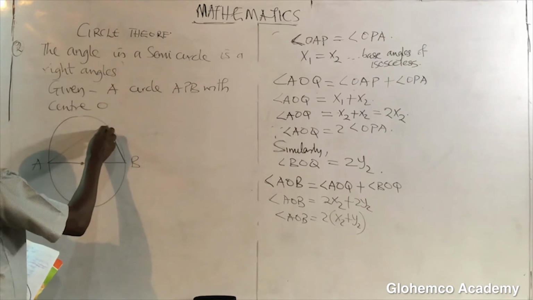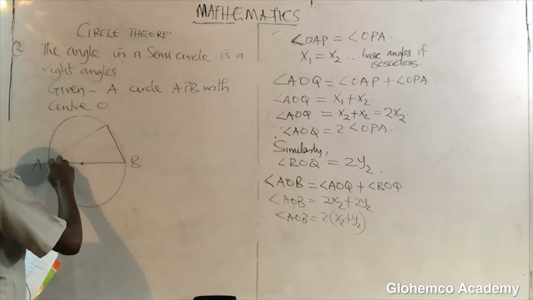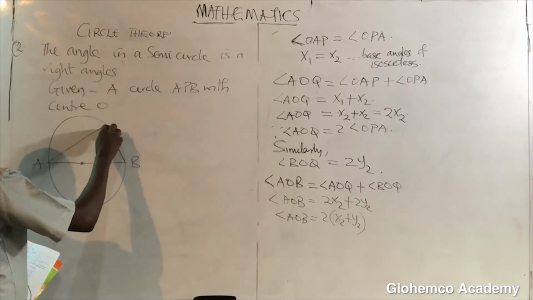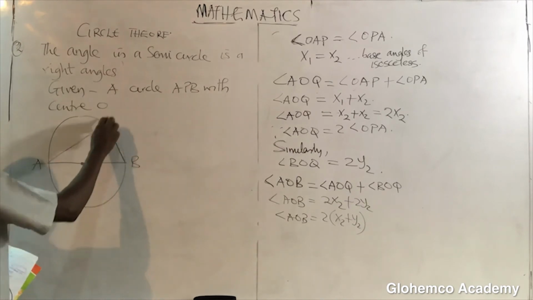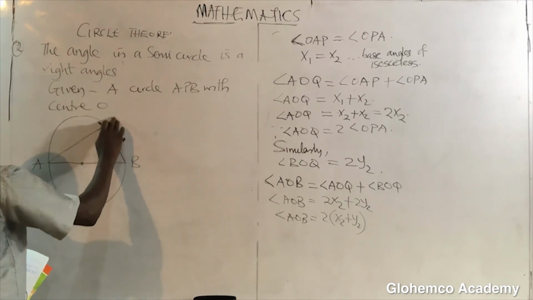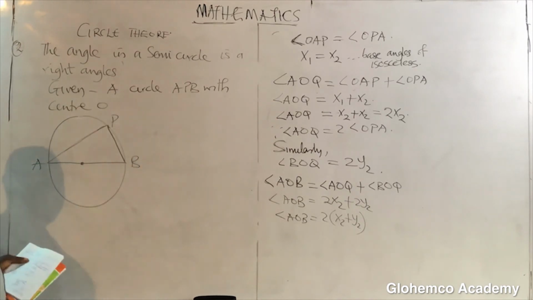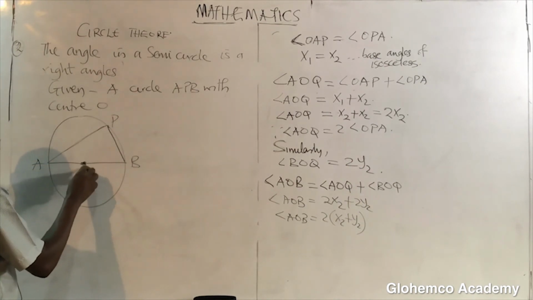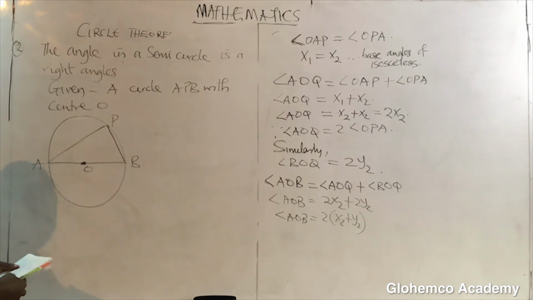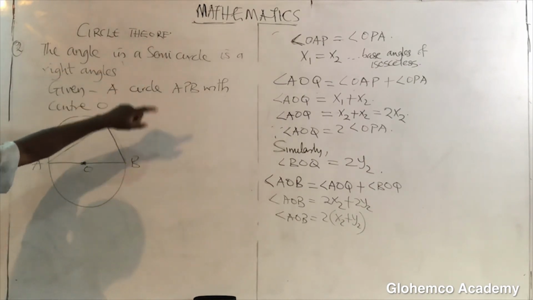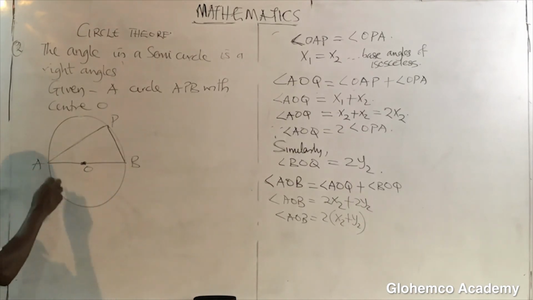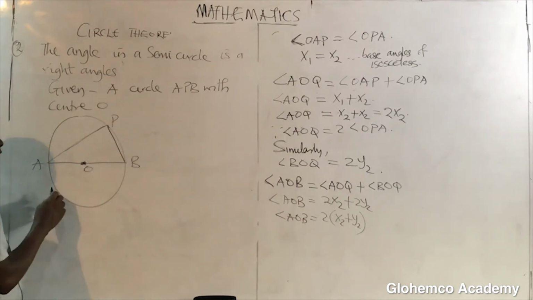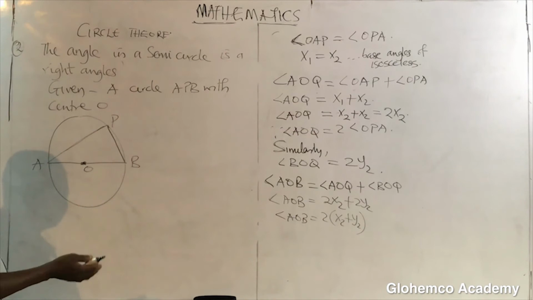So what we are saying now is that the angle in a semicircle, this is a semicircle now, because AB is a diameter, it has divided the circle into two.